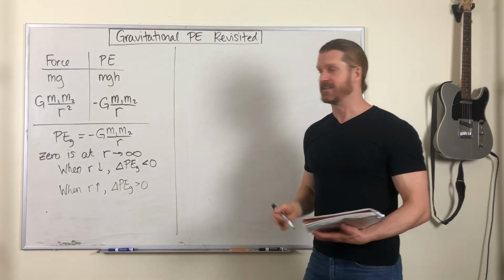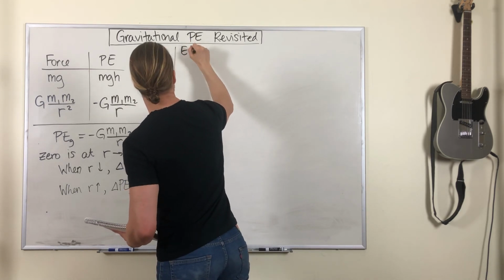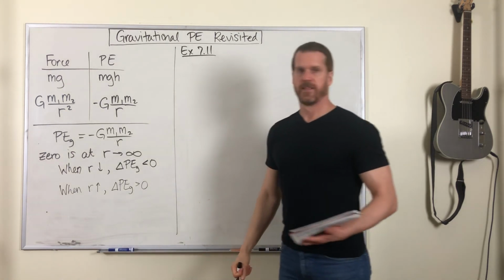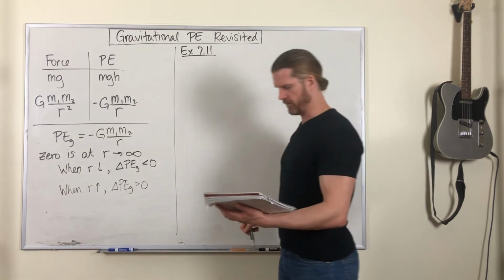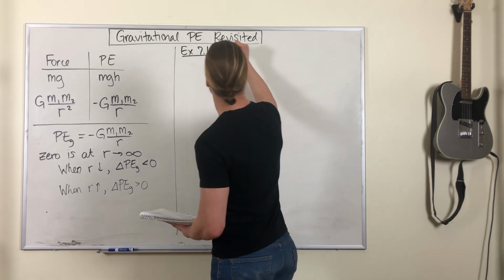So let's apply these ideas in an example from the textbook. This is example 7.11, dealing with an asteroid that comes near the Earth.